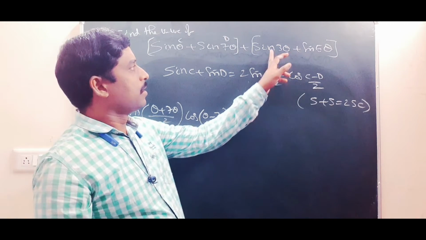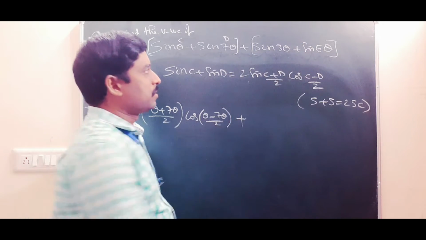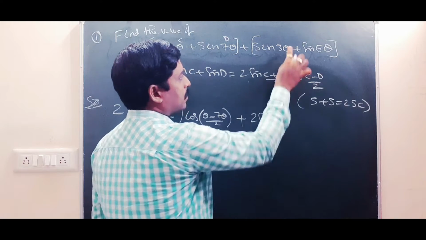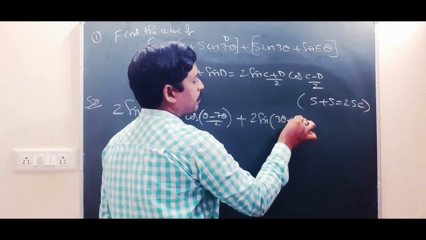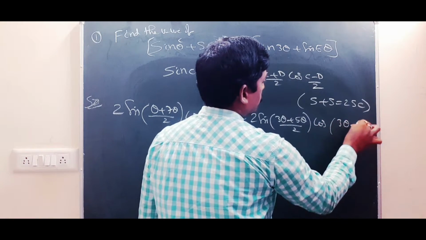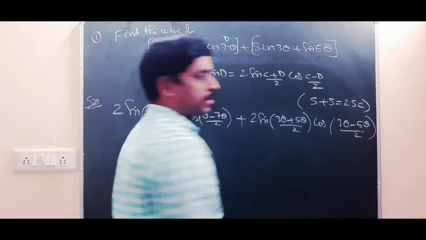Again by using the same formula, sin C plus sin D equals 2 sin of the sum of angles by 2, (3 theta plus 5 theta) by 2, cos of the difference of angles by 2, (3 theta minus 5 theta) by 2.